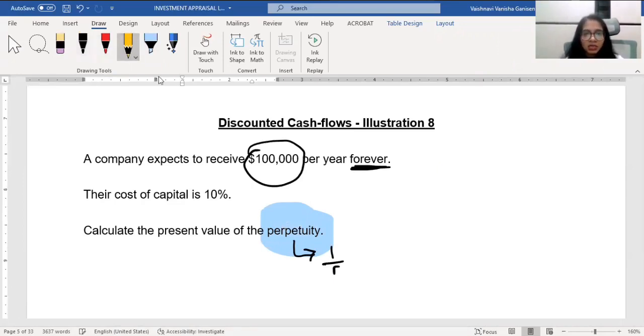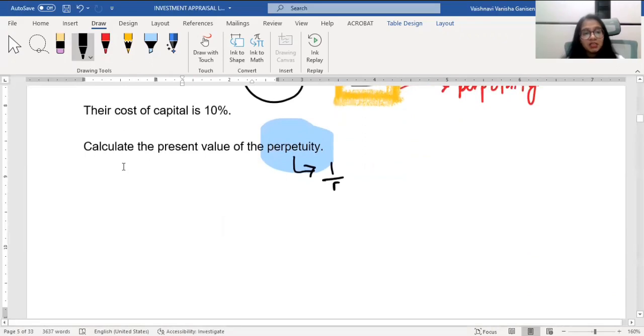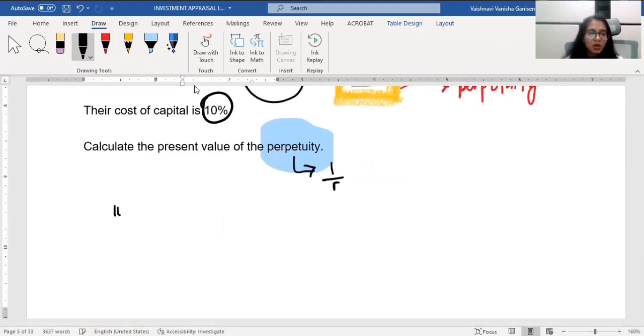This is your keyword here. Whenever he says forever, this actually means perpetuity.